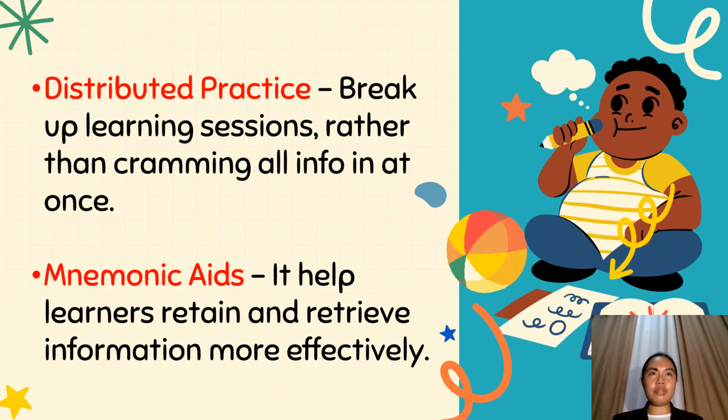Next, we have distributed practice. So distributed practice spreads learning over multiple sessions instead of cramming all at once. So it also helps improve long-term retention. Last is mnemonic aids. So it uses tools like acronyms, rhymes, or visual cues to make information easier to retain and retrieve.